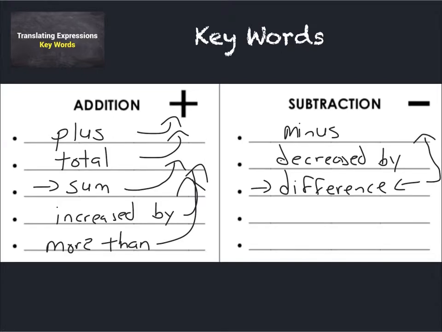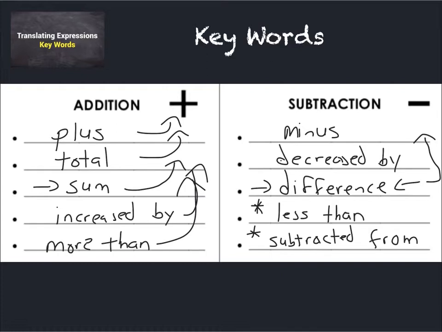Now these, I want you to just put something by these to kind of make a note, because these are ones that we're going to look at a little further later on in this video. But less than is important. It means subtraction, but it's different from these top three. And same with this next one I'm about to write down, which is subtracted from. So subtracted from is going to mean subtraction.